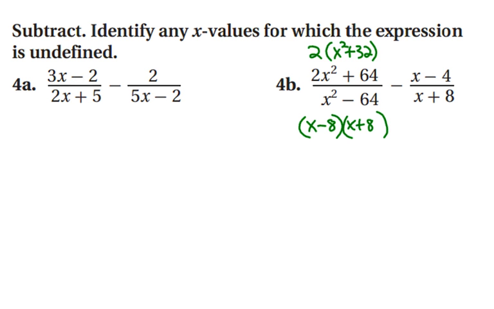So as you look at this, to get a common denominator, in the first term we have an x minus 8 times an x plus 8 in the denominator, and in the second term we only have an x plus 8, which means we're going to want to multiply this term by x minus 8 over x minus 8.